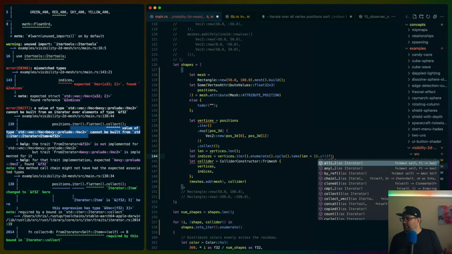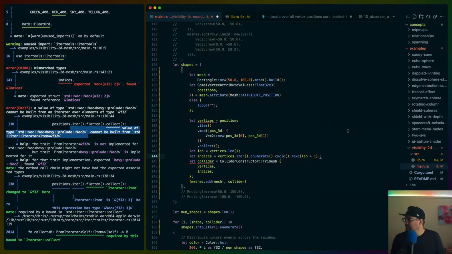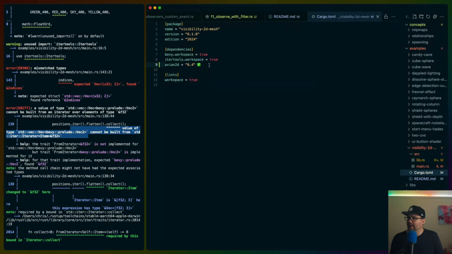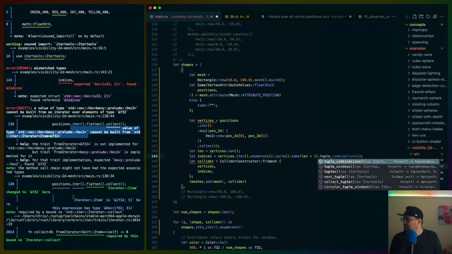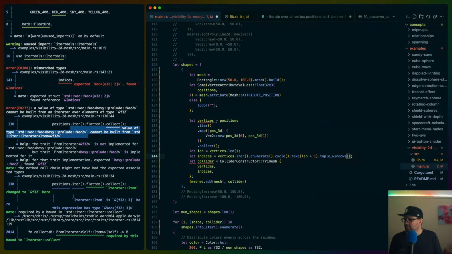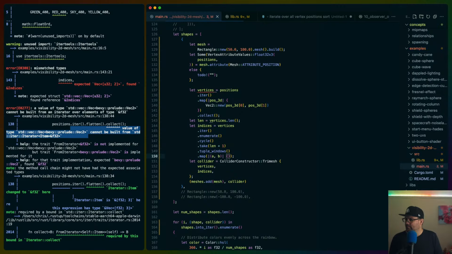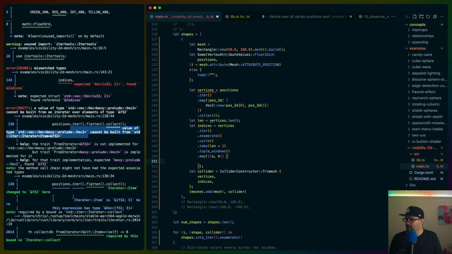We are going to use itertools because itertools has tuple support. Tuple windows. We're going to map over the tuple windows as, I guess, A and B. And we are going to take the usizes.